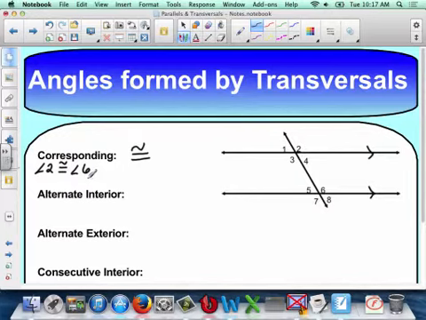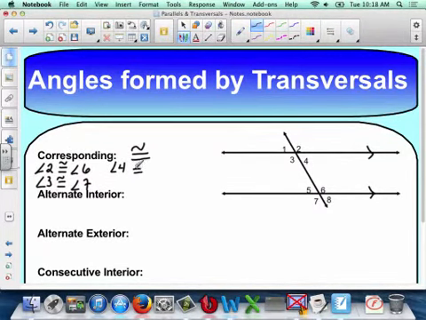Tyler. We're going to draw a picture. You can if you want. So what would be another pair of congruent corresponding angles? Ivan? 3 and 7. So angle 3 is congruent to angle 7. Amber, give me another pair. 4 and 8.